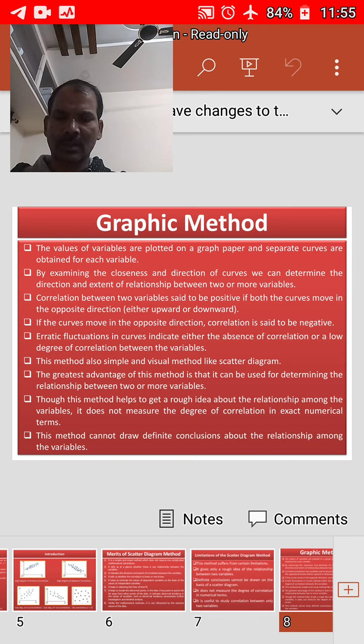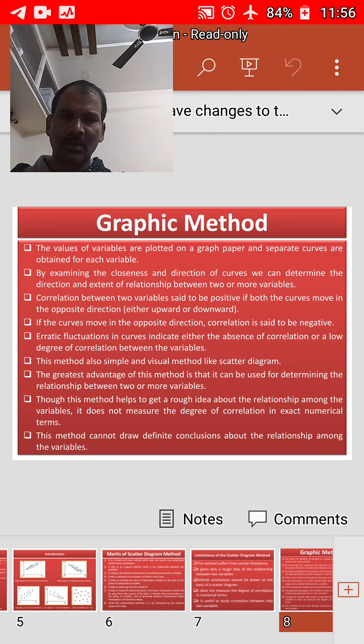Of course, there is an advantage over the scatter diagram in measuring the correlation between more variables. It suffers in that it gives only a rough idea of the relationship among the variables, and it does not measure the degree of correlation in exact numerical terms.